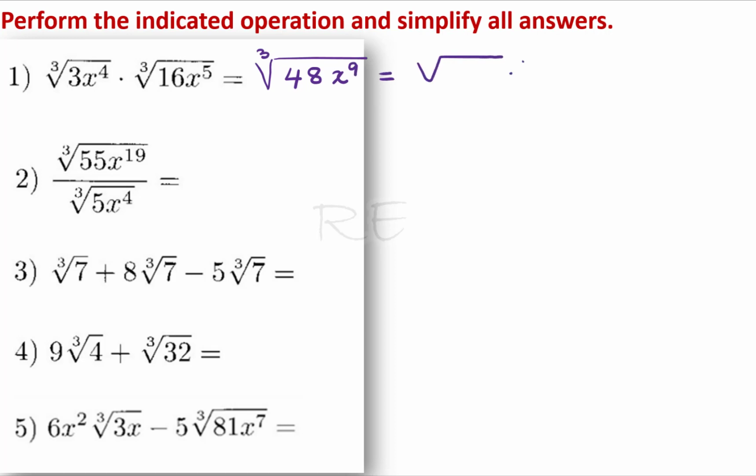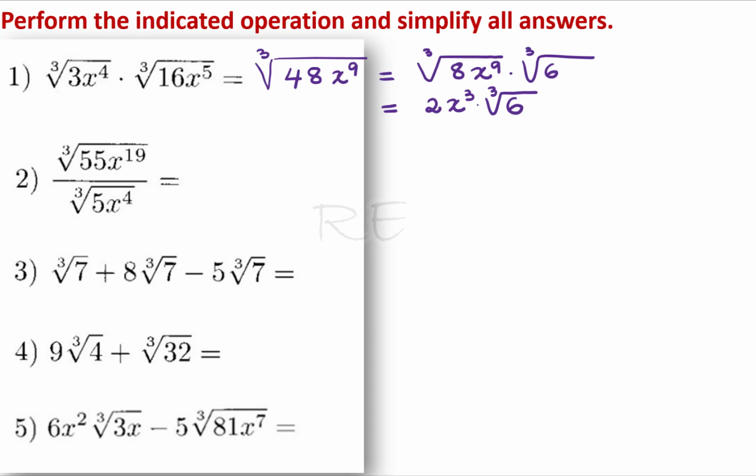Then we separate the perfect cube from the irrational. The perfect cube for 48 is 8. We're left with 6. And x to the 9th, because 9 is divisible by 3, is a perfect cube. So cube root of 8x to the 9th is 2x cubed times cube root of 6, and we're done.